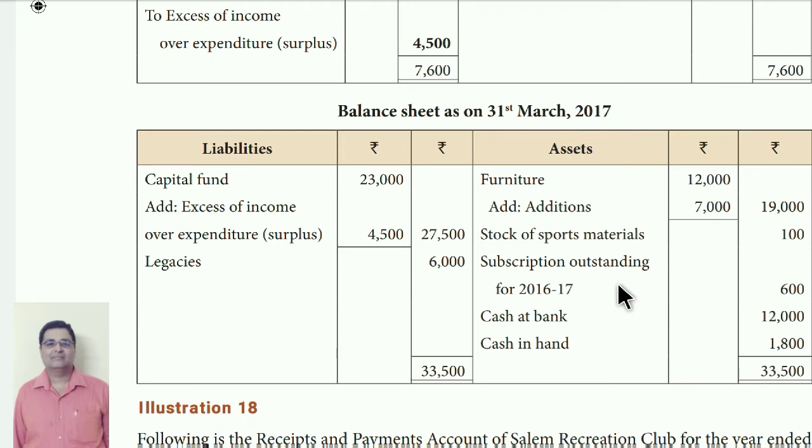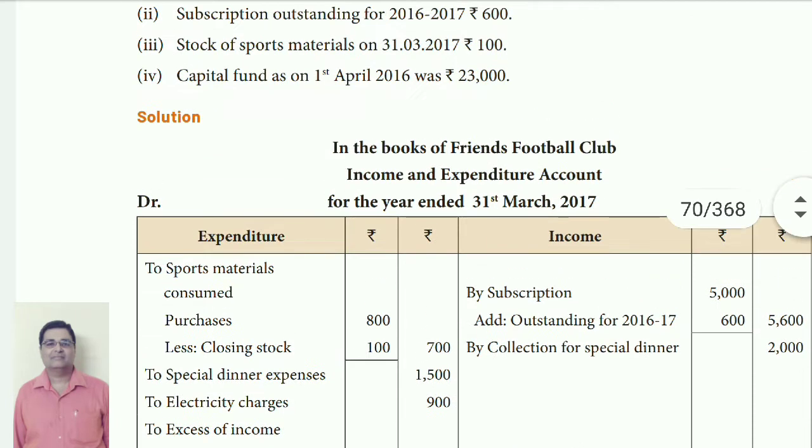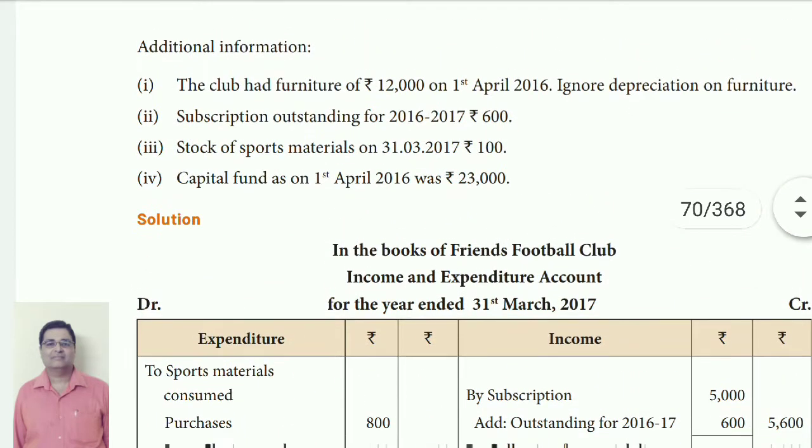Now we'll move on to the next adjustment. The next adjustment is stock of sports material on 31st March, 1,700 rupees. Wait, 31st March means closing stock of sports material, 100 rupees.